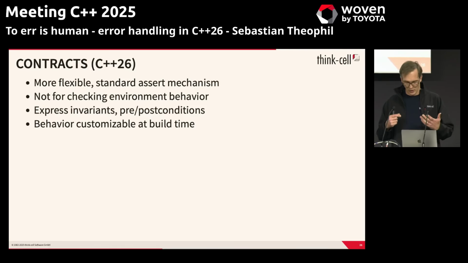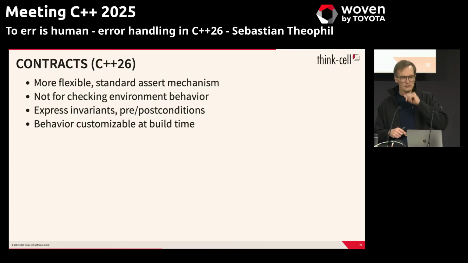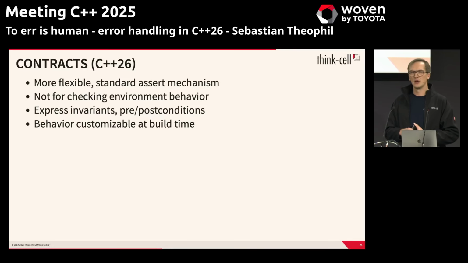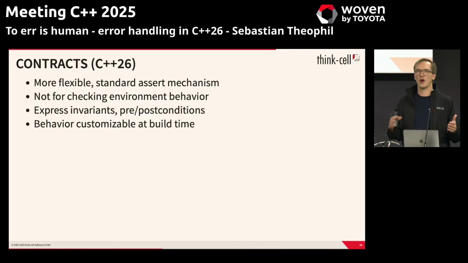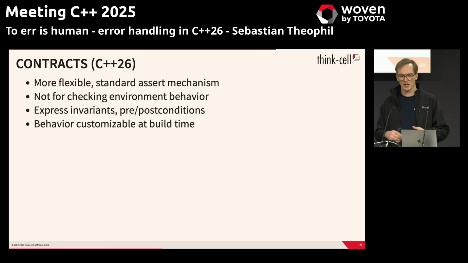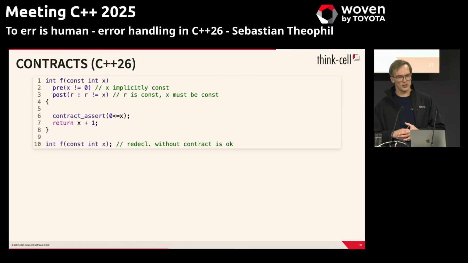And one very important feature of contracts is that it allows us to customize the behavior of these assertions at build time. So the old assert macro was either on in debug builds or off in release builds. And here with contracts, we get to decide at build time what should happen. I'll get to that in a moment.